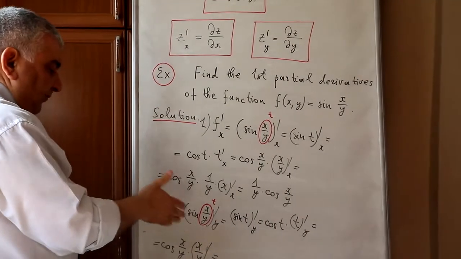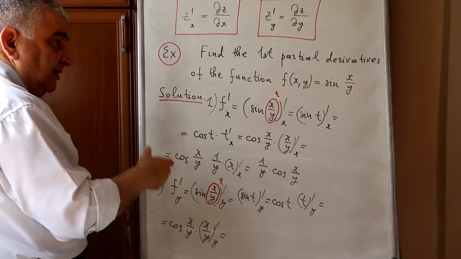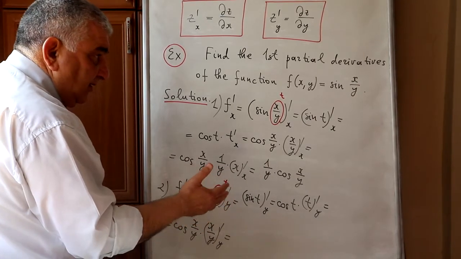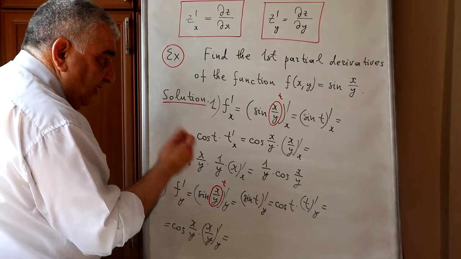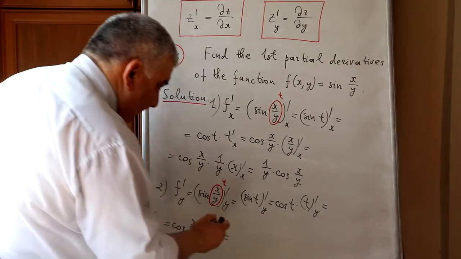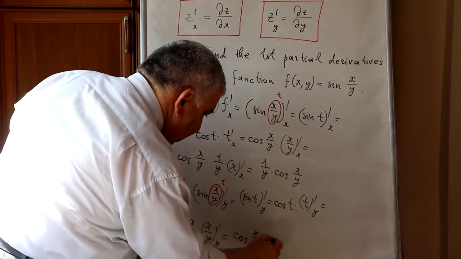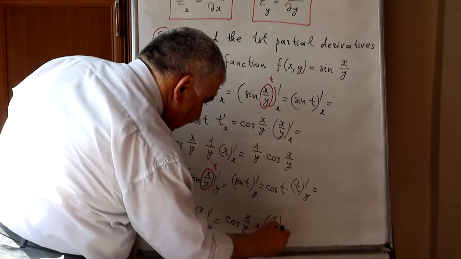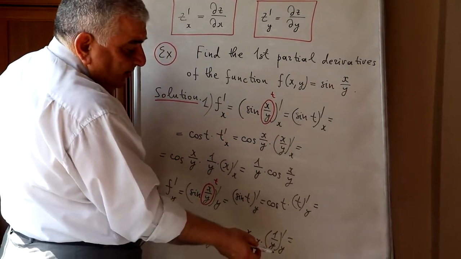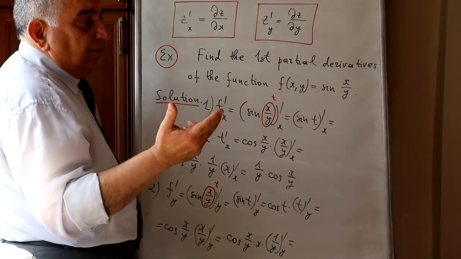If we take the partial derivative with respect to y, then consider x a constant value. Therefore, here x is a constant value, and it is taken out of the derivative symbol. Then we'll have cosine x over y multiplied by x multiplied by 1 over y prime with respect to y. And it is an ordinary derivative, and the derivative of 1 over y with respect to y is minus 1 over y squared.